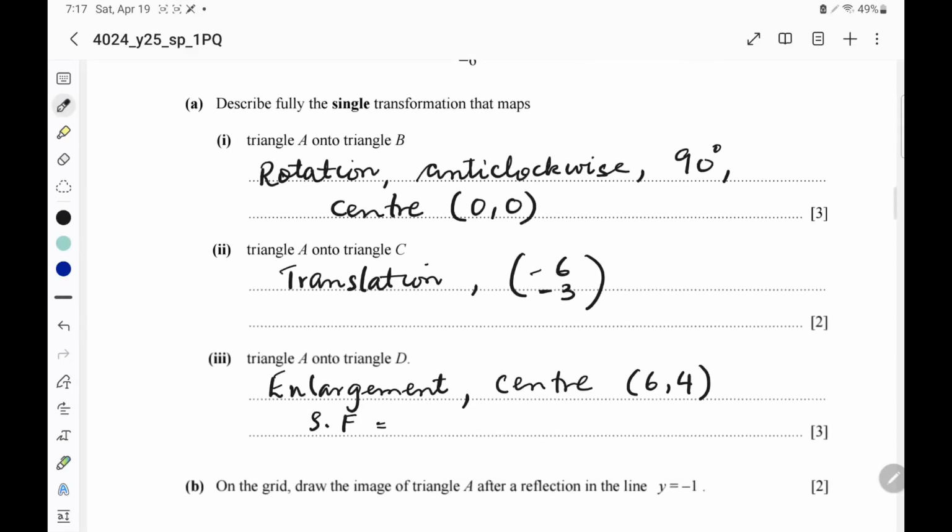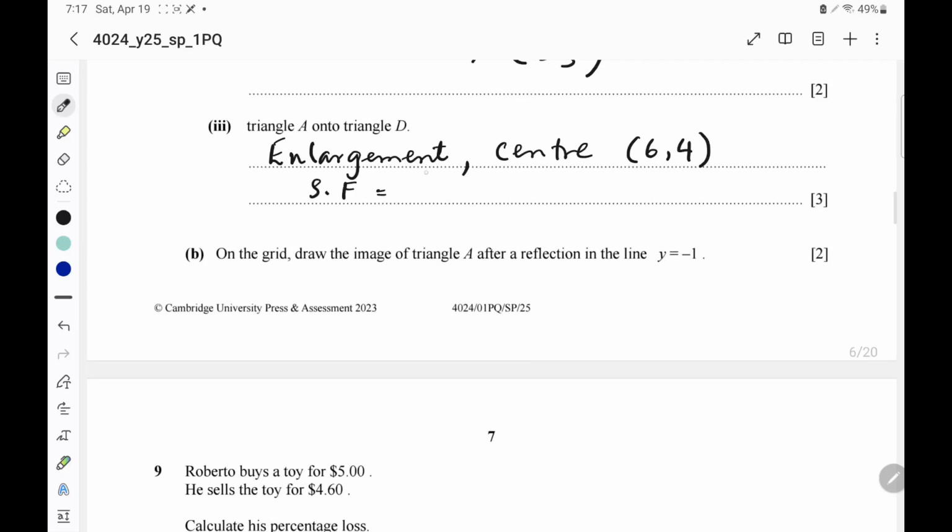So it means 9/3, size of image upon size of object. You can take any line, or if you have any doubt you can try 2 lines. This was a horizontal line, so it's easy to find out. So 9/3 equals 3. So the enlargement with the center 6, 4 and the scale factor 3 in this question.